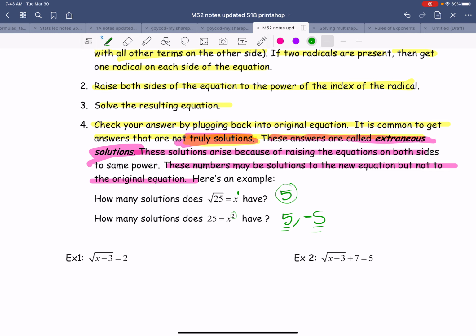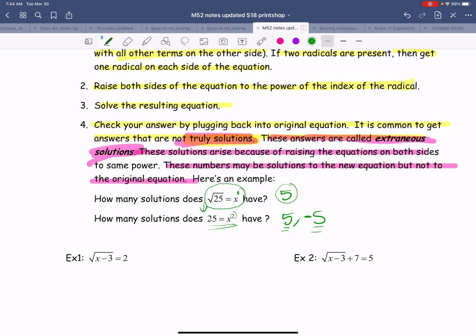Now we know if we square both sides of equation 1, then we get the equation on the bottom. For the equation on the bottom, we have two solutions, but only one of them is the solution to the original equation that we had before squaring both sides. So that's why it's important to check your solutions.